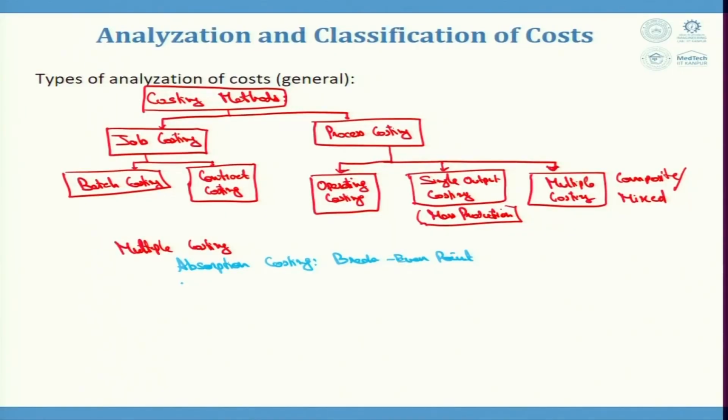Also, another kind is the marginal costing. Marginal costing is when the fixed cost is taken separately, which is to be covered, and only variable cost is taken into consideration. Variable costs are the focus.